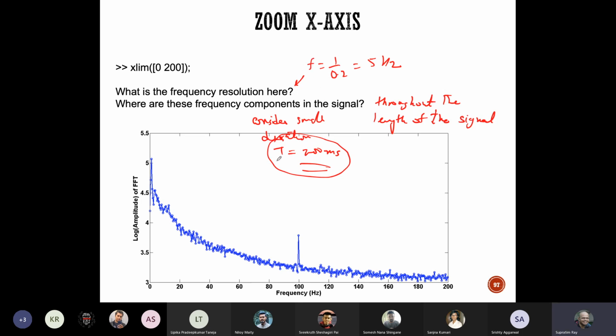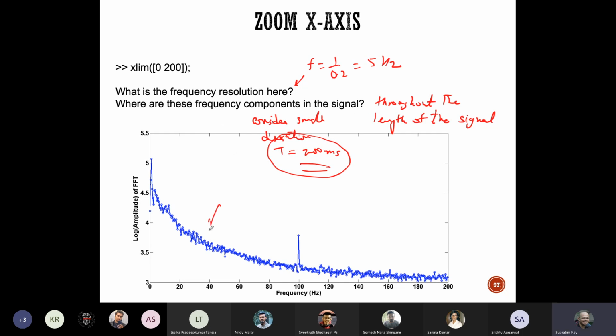So this is what is called the Rayleigh frequency. It's slightly different from what we are going to define the resolution as later on. But the concept remains the same, that in order to improve your frequency resolution, you need to sacrifice your time resolution, which means you have to compute the FFT over very long intervals.